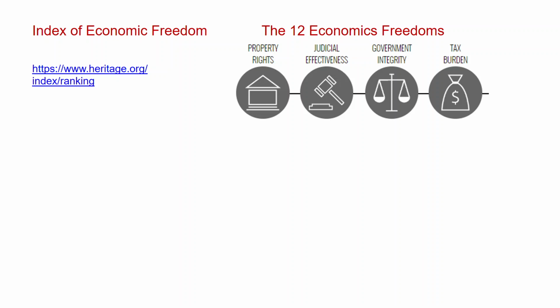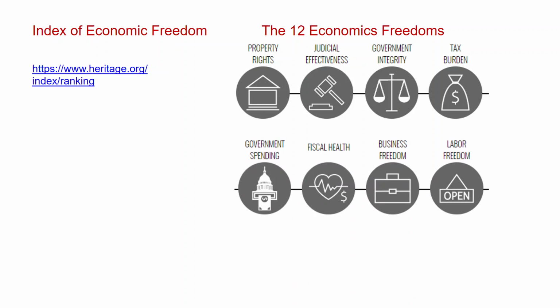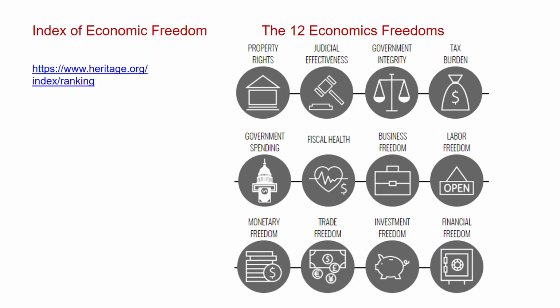And those countries that respect property rights, that means do you have the free ability to own property, and can you dispose of it freely, and so forth and so on, you get a very high score. Now, the other things that you see there are also very important: judicial effectiveness, government integrity, and so forth. And there are 12 of these that make up the overall score.